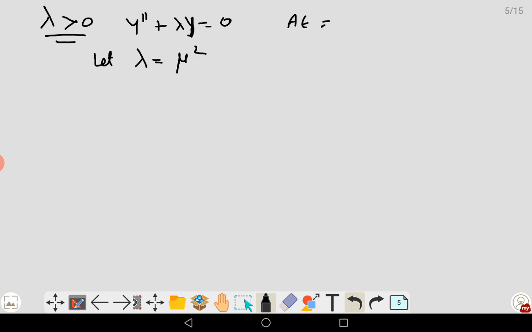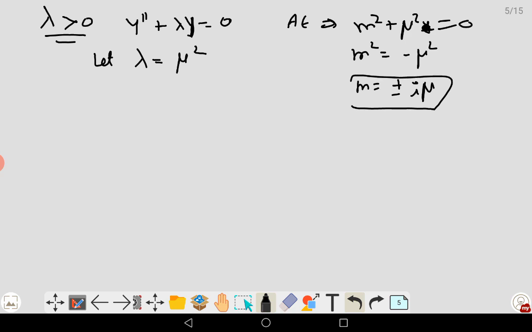The auxiliary equation becomes m square plus mu square is equal to 0. So m square is minus mu square, m is plus or minus i mu, isn't it? This kind of case is alpha plus i beta, alpha minus i beta type solutions. Alpha is 0, beta is mu.